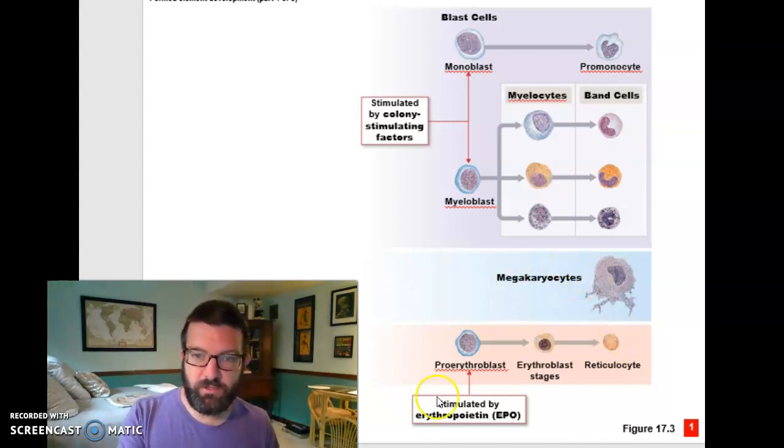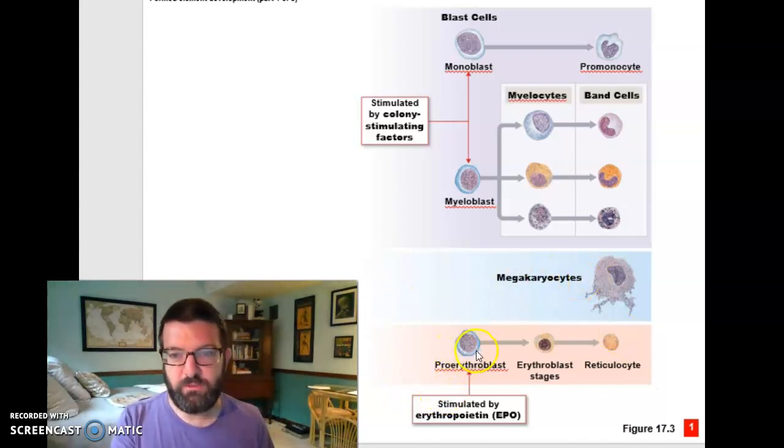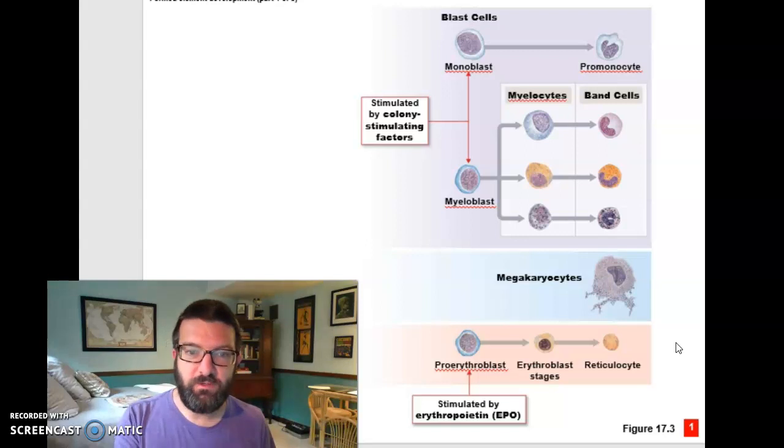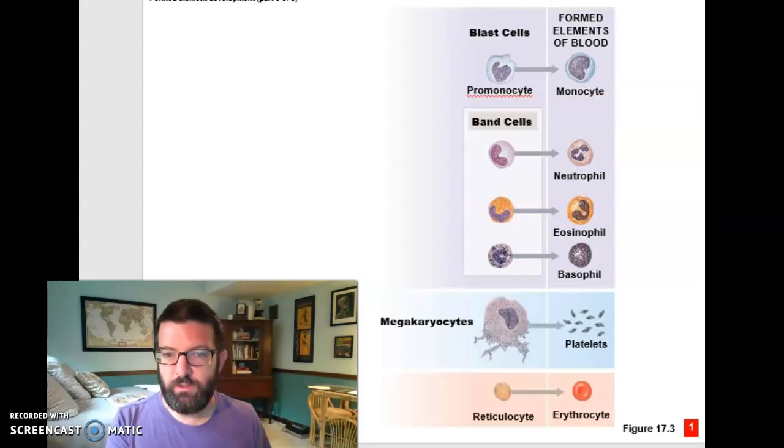Or they can go through this process where they become a proerythroblast, which eventually will eject its nucleus and become an erythrocyte, red blood cell, right? Because red blood cells, oddly enough, do not have nuclei. So myeloid stem cells can result in erythrocytes, platelets, or any number of these white blood cells, basophils, eosinophils, neutrophils, and monocytes, just not lymphocytes.